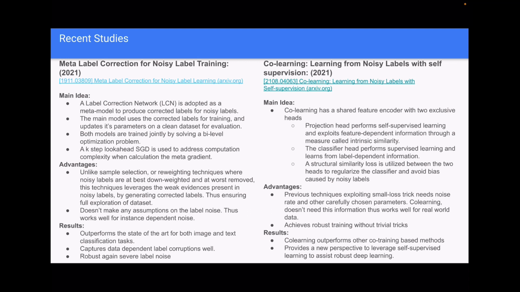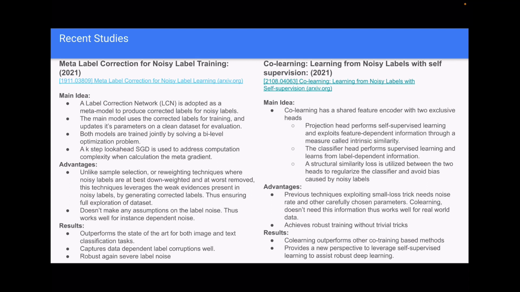The way they do it is by taking a meta-learning approach where the meta model is a label correction network which produces correct labels. The main model, by which I mean the target model, uses the corrected labels for training and updates its parameters on a clean dataset for evaluation. Both the meta model and the main model are trained jointly by solving a bi-level optimization problem. However, this optimization problem is computationally very taxing, so a k-step look-ahead stochastic gradient descent is used to address the complexity issue.